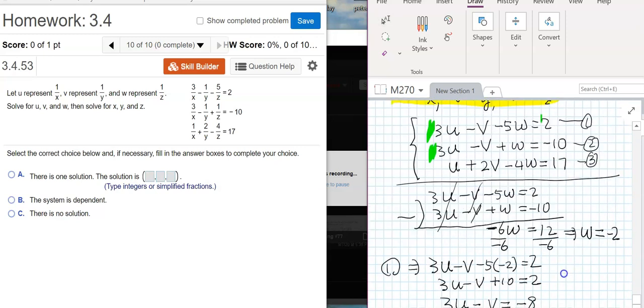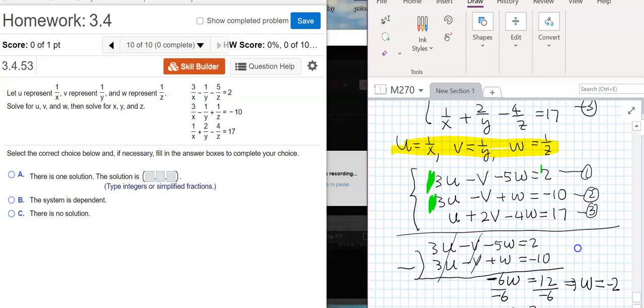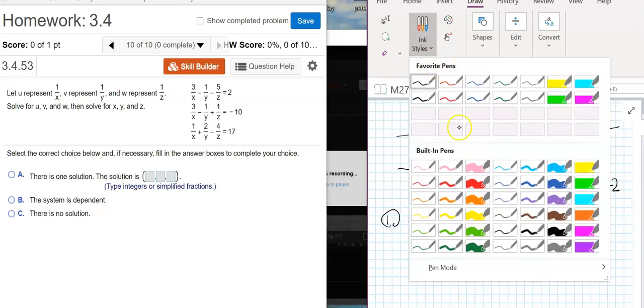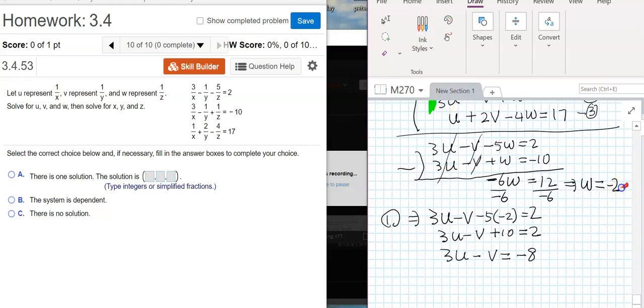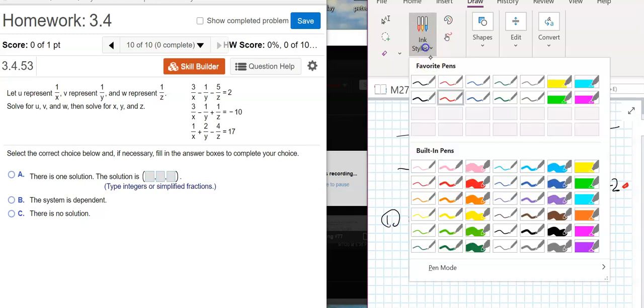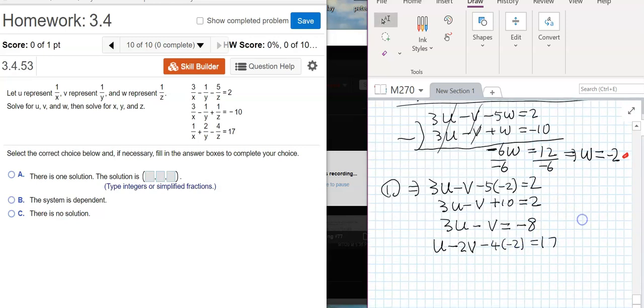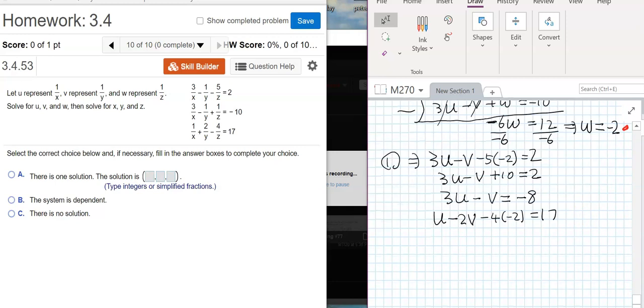And then I substitute into the last equation. For w equals negative 2, I substitute negative 2 right here. So I have u plus 2v minus 4 times negative 2 for w equals 17.